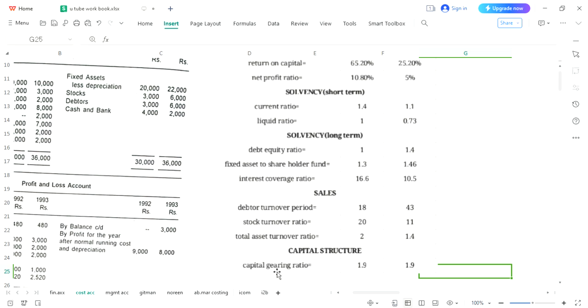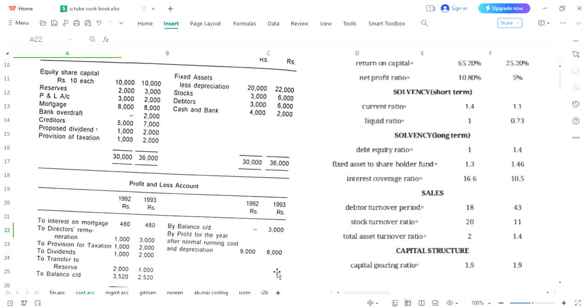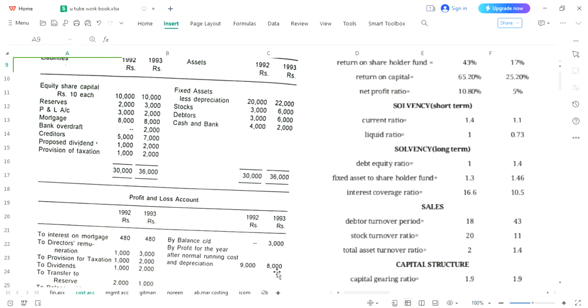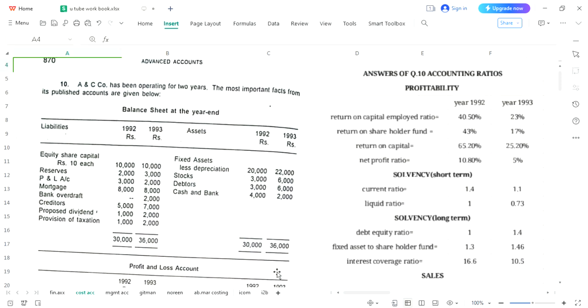Please understand these are very important from your examination point of view. Keep in mind how to calculate them. That is why I can say the 10th question is an important question for your paper pattern. Now, after this brief introduction, we are ready to start our question.